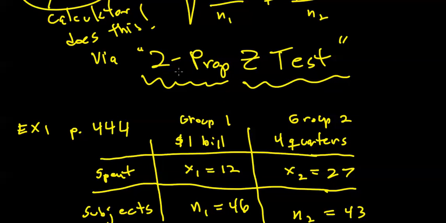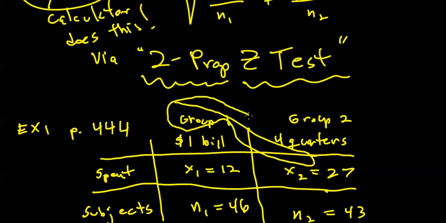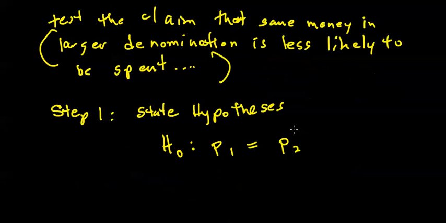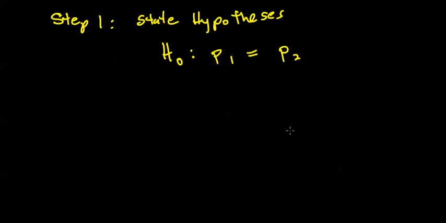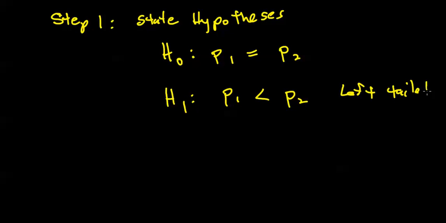Well, remember, Group 1 was the larger denomination group, so we want to test that against the alternate claim that the proportion of people who spent the larger bill is less. And so that would be the alternative claim. Alright, so this is going to be a left-tailed test. Left-tailed hypothesis test, and we're going to do it using a z-score, and we're going to do it using our 2-Prop ZTest command.